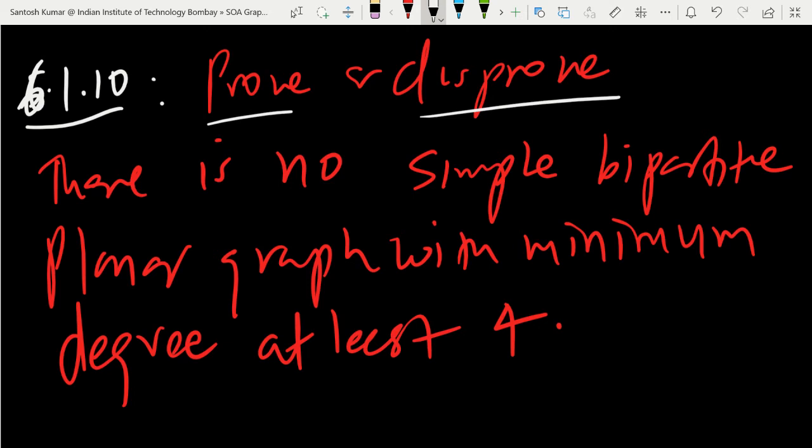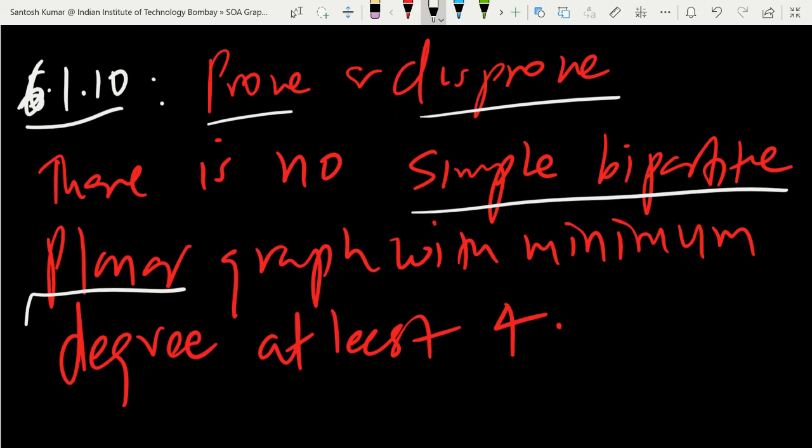So you know about simple bipartite graphs. Actually, a simple bipartite graph is triangle free. So each face will have length 4 or more. It will not have a face of length less than 4. So it does not contain a triangle.